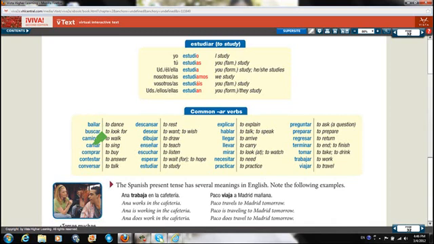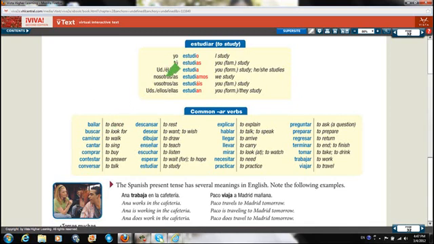So if I want to say, I'm walking, yo, we use the O ending, take off the AR. Yo camino. Yo camino a la clase, to the class. Now what if I want to say, you're walking to class too, right?